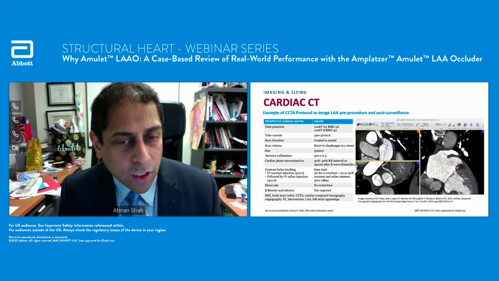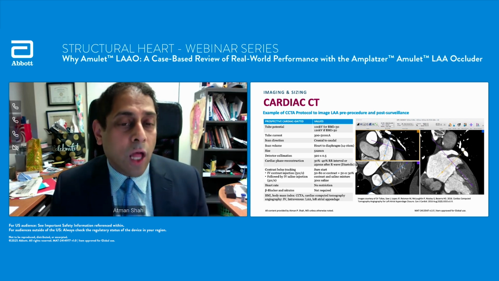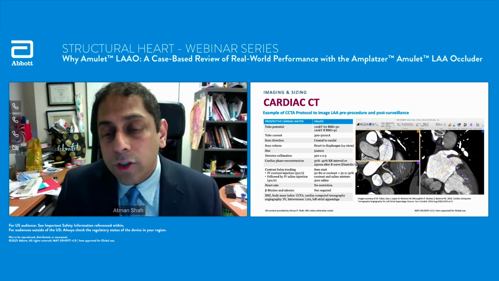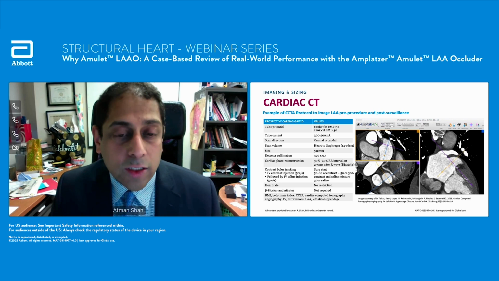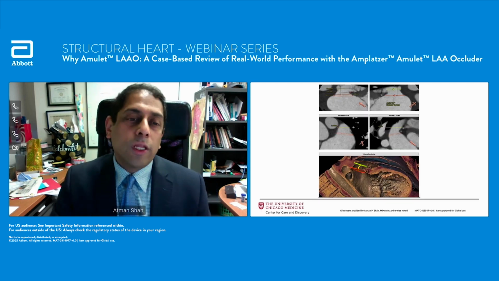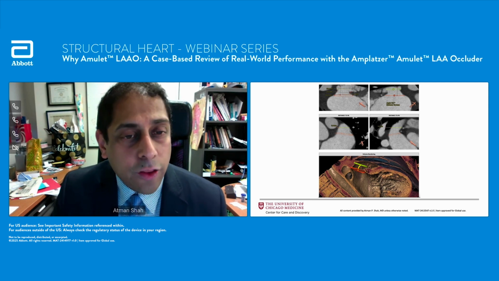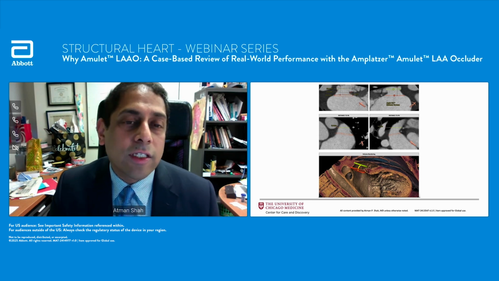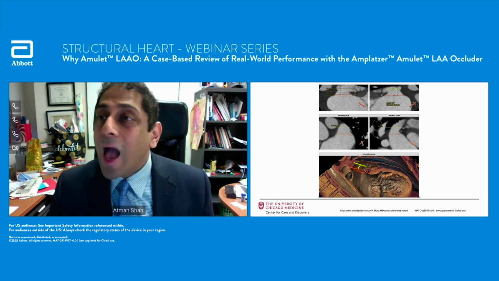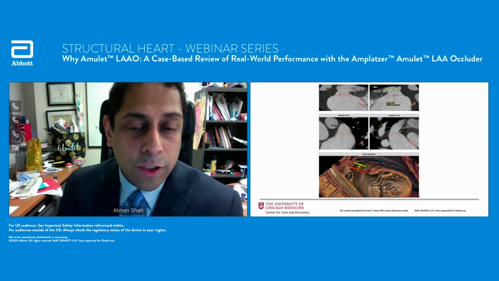CT scanning gives us a lot of really helpful information, not only on the size of the appendage and if there's any clot in the appendage, but also where we should stick the septum, because an optimal septal stick really leads us to have a good sense of where to attack the appendage. CT scan and 3D reconstruction can give us a sense of whether it's a chicken wing, how angulated it is, and what type of headaches we may run into before we get in.